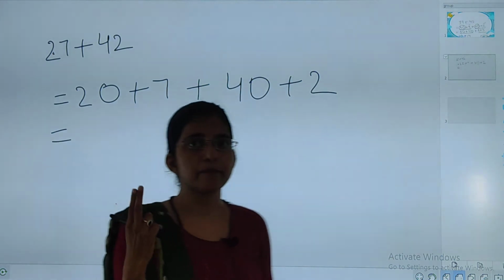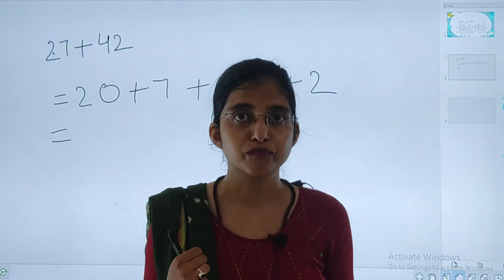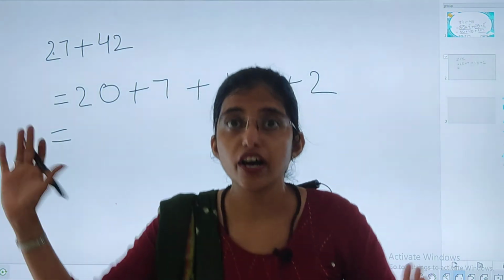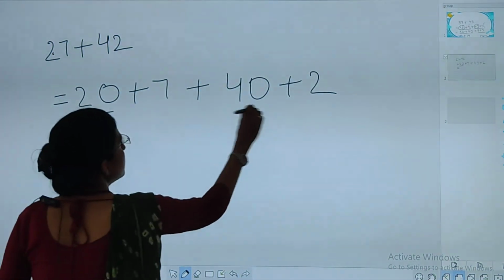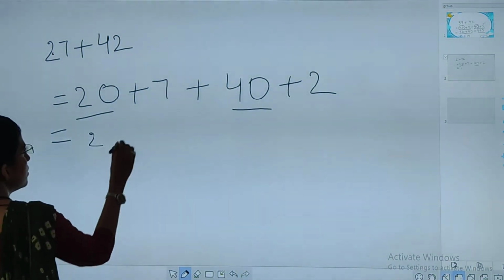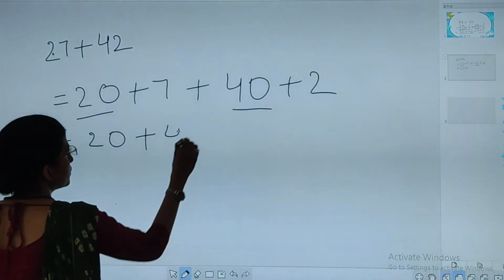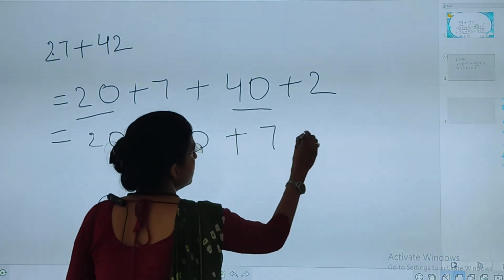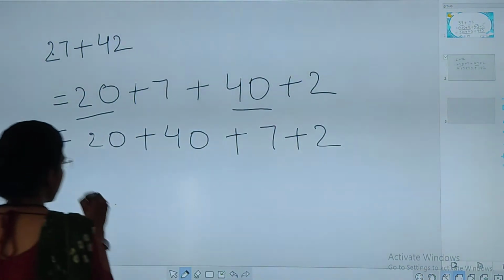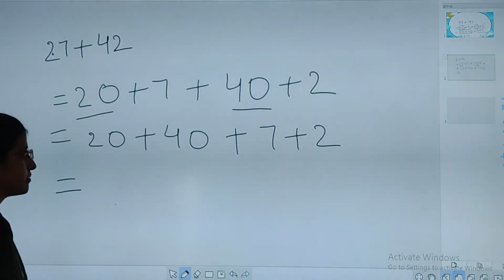Now second step, very fast, come on tell me. What we will do? We will arrange the numbers. So 20 plus 40 we will write here. 20 plus 40 plus 7 plus 2.